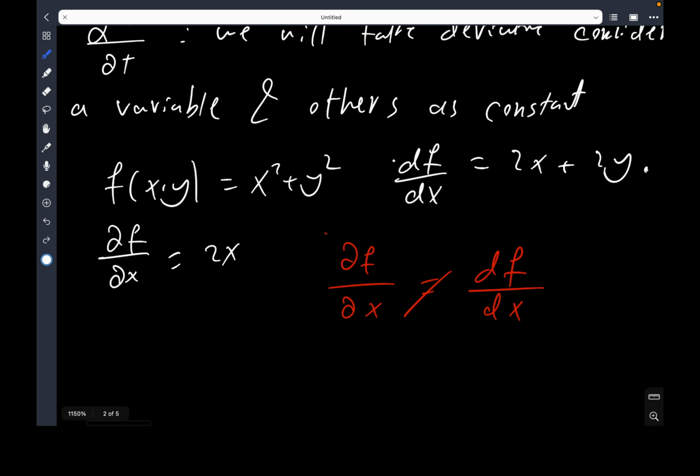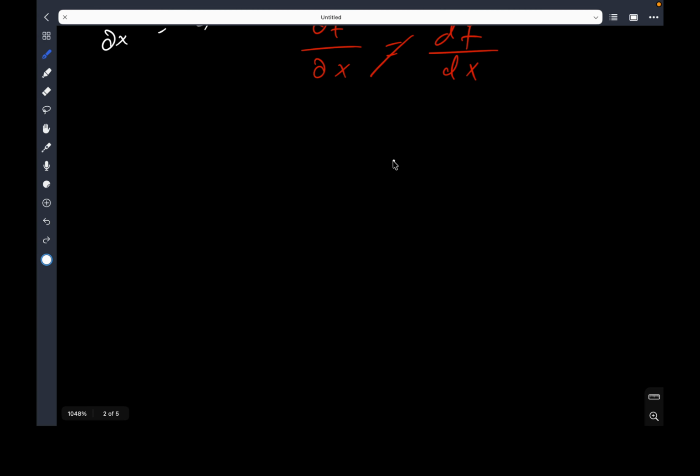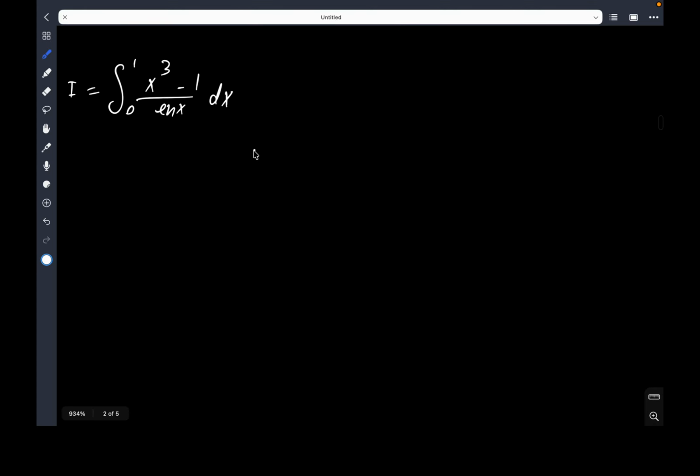Now, for example, let's take the first example and the first application of this rule: the integral from 0 to 1 of x to the, let's say, 3 minus 1 over ln x dx. I could have solved this integral very easily if there was no ln x here.